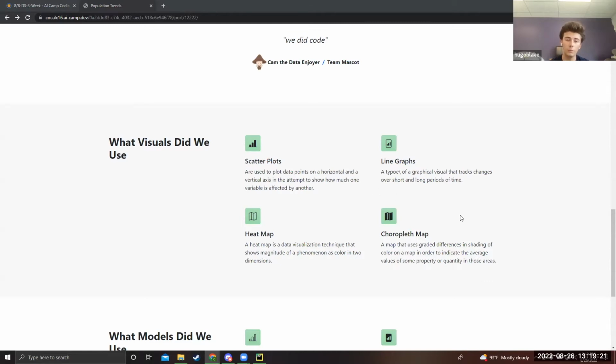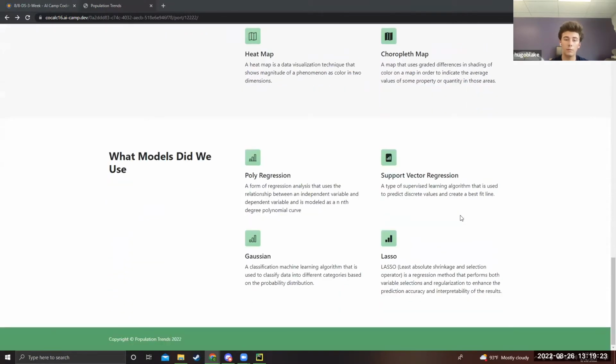And some of the models behind these visuals are the polyregression model, which is just a form of regression analysis that uses the relationship between an independent variable and a dependent variable and is modeled as an nth degree polynomial curve. Support vector regression, which is a type of supervised learning algorithm that is used to predict discrete values and create a best fit line.